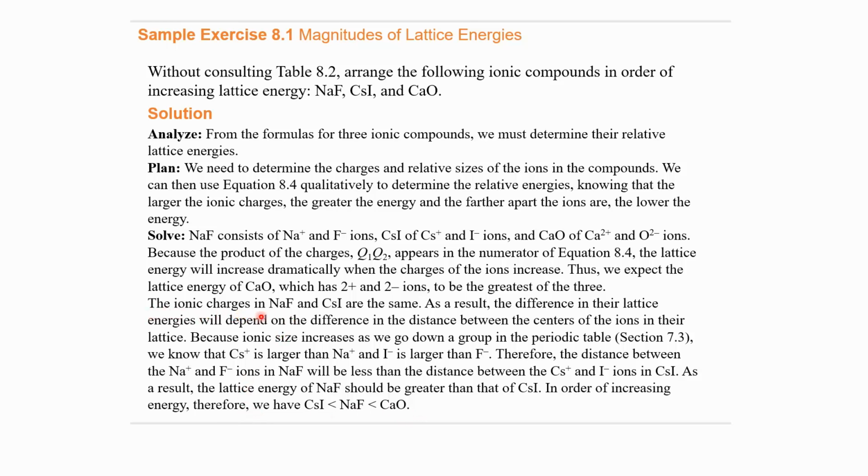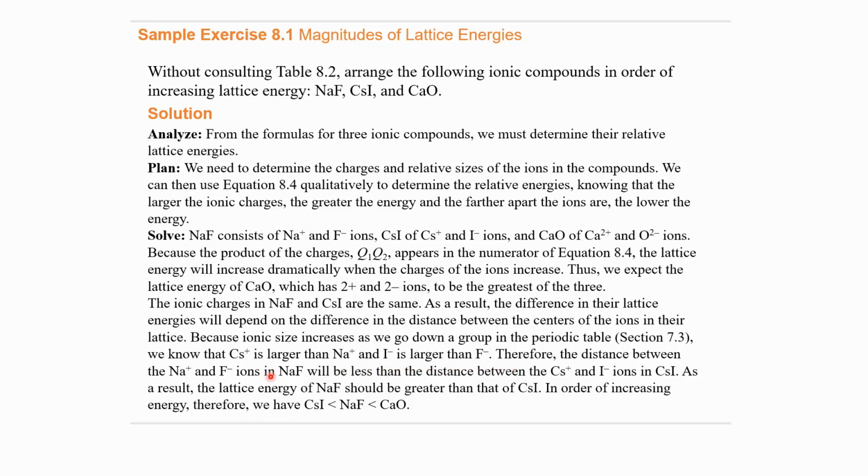Now, the ionic charges in NaF and CsI are the same, plus 1 and minus 1. So now we must compare the size. As a result, the difference in their lattice energy will depend on the difference in the distance between the centers of the ions in their lattice. Because ionic size increases as we go down a group in the periodic table, we know that Cs+ is larger than Na+ and I- is larger than F-.